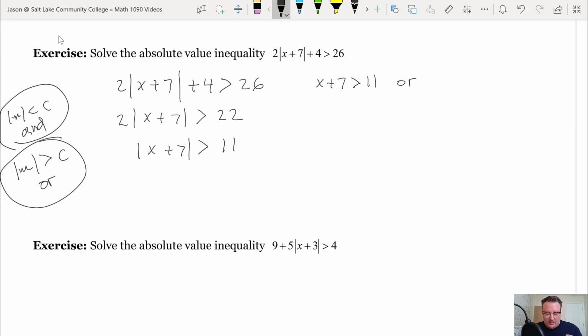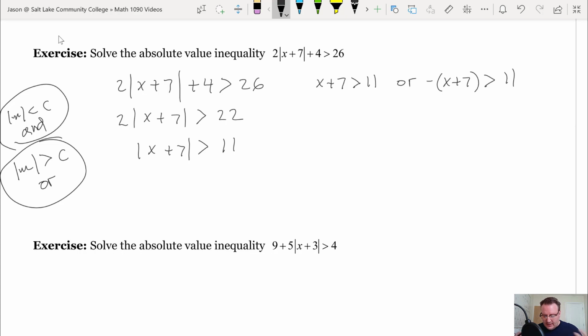Now, the other case would be where x plus 7 is negative, and then the absolute value of that negative number, we would take the opposite of x plus 7. And that has to be greater than 11. So we end up with this compound inequality with the connective word or joining them together. We'll see why that's important in a moment.